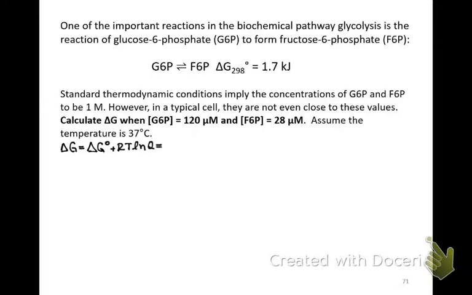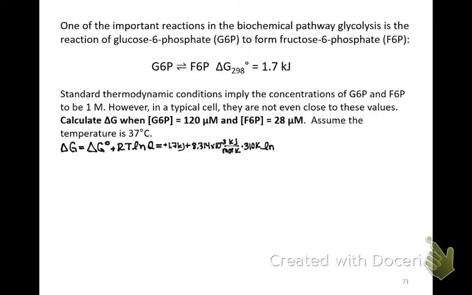Okay, and so standard delta G is positive 1.7 kilojoules, plus R is 8.314 times 10 to the minus 3 kilojoules per mole Kelvin. T, we said, is 37 degrees Celsius, which is 310 Kelvin.